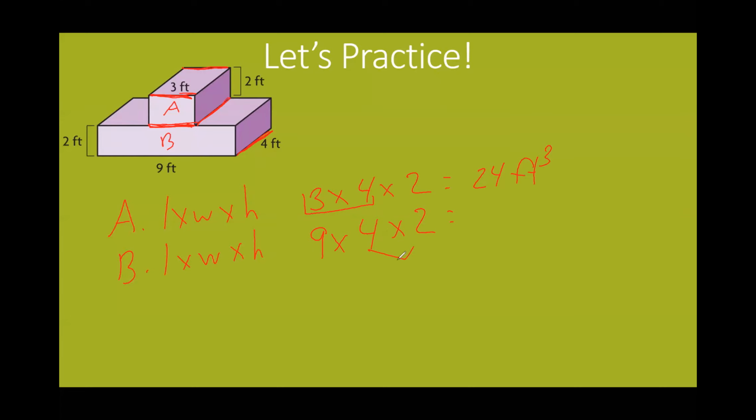Or I know that 4 times 2 is 8, and 8 times 9 is 72. And when I add them up, 4 and 2 is 6, 7, 8, 9. Is this the answer you got? Did you get 96 feet cubed?